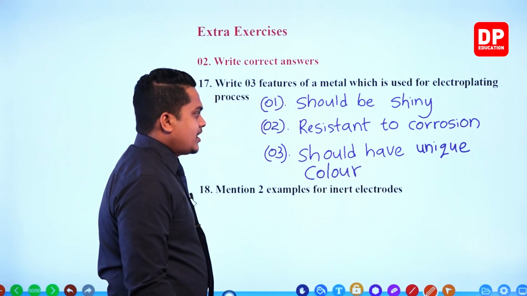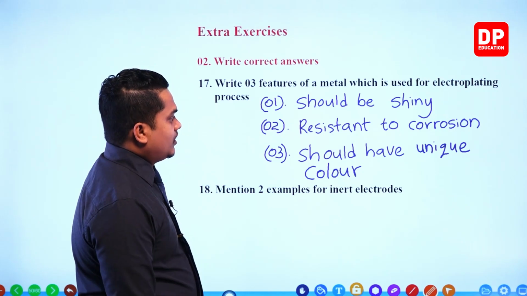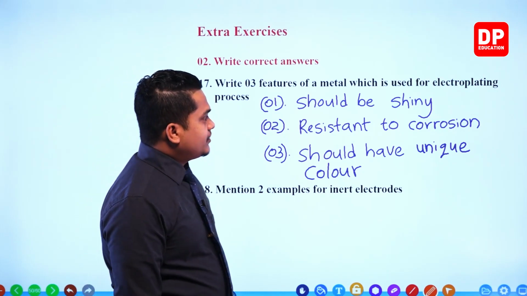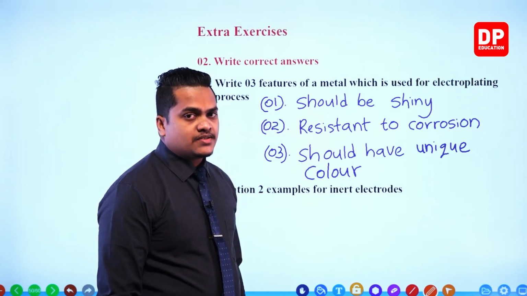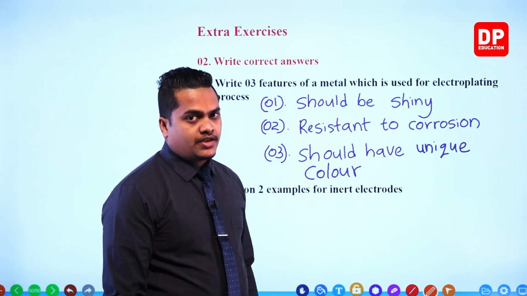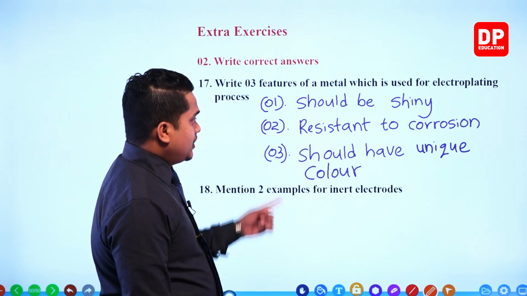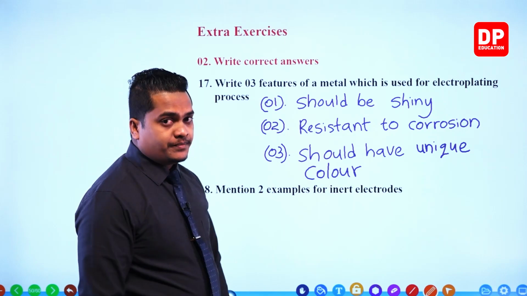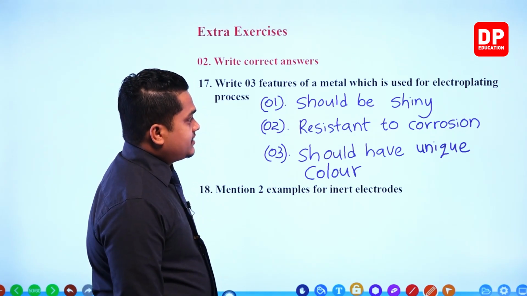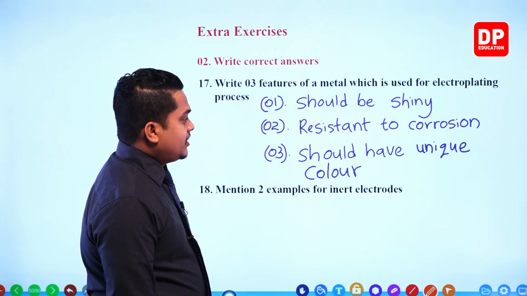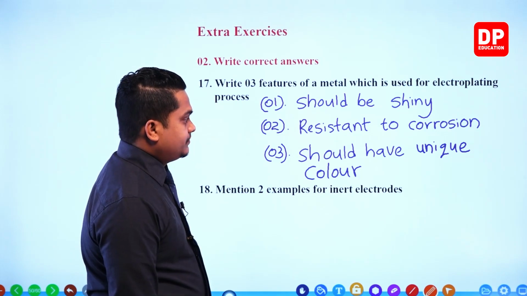Right? Should have unique color. So these are the features of a metal which is plated on a different object by using electroplating. So it should be shiny for sure, then resistant to corrosion, and it should have a unique color.